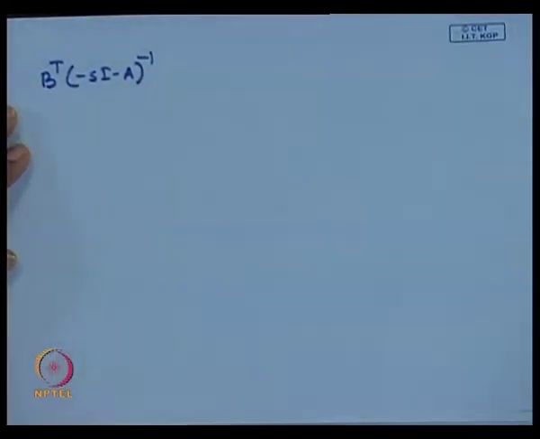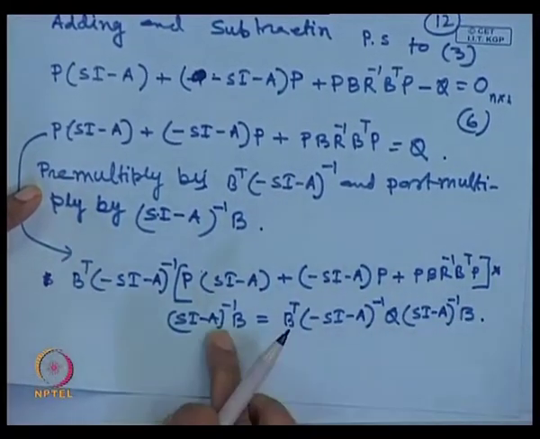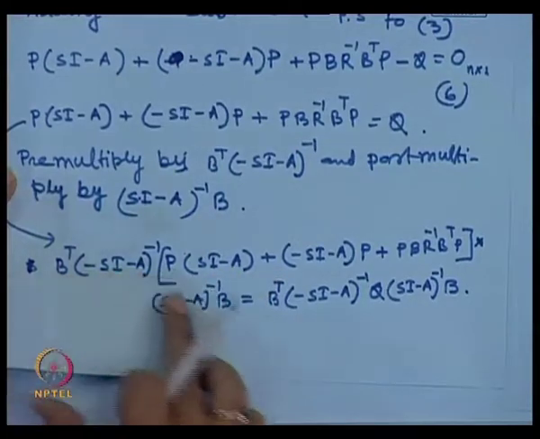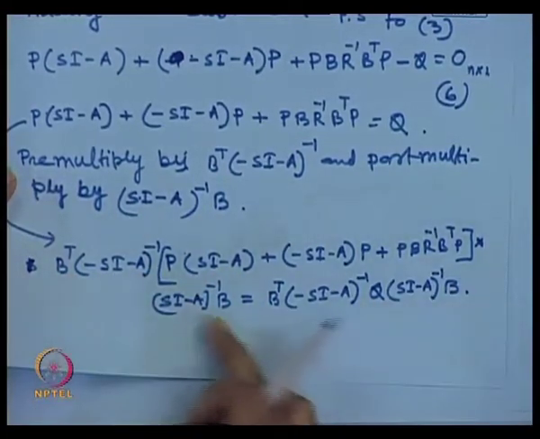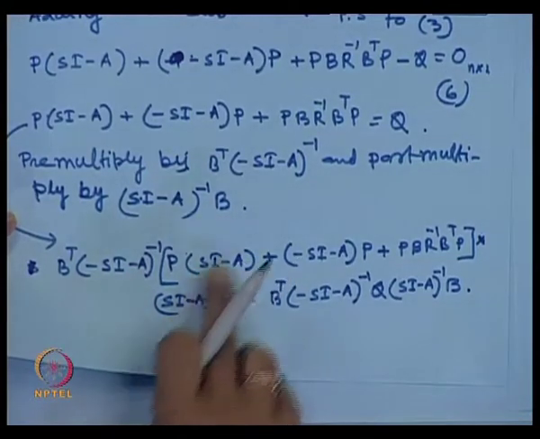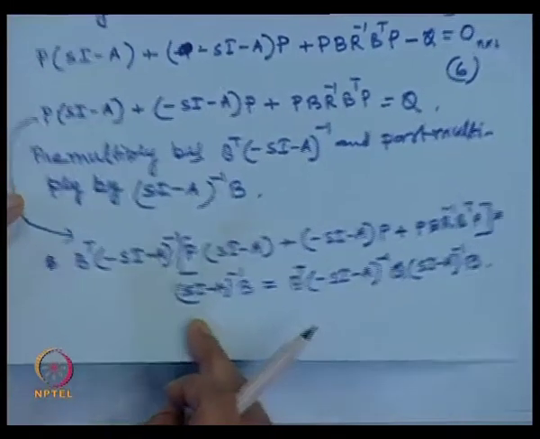See this one: if I pre-multiply by this and post-multiply, you push this inside. So, (sI minus A) inverse will be identity matrix. So, P B will be there, agree.